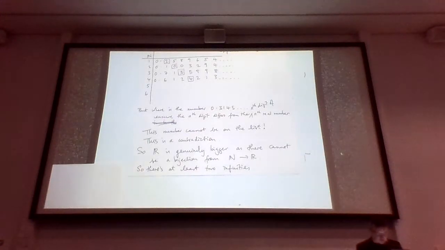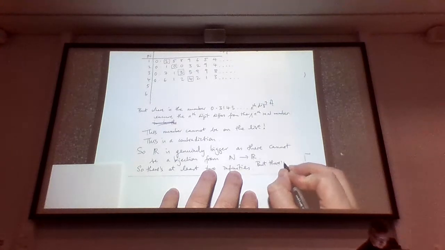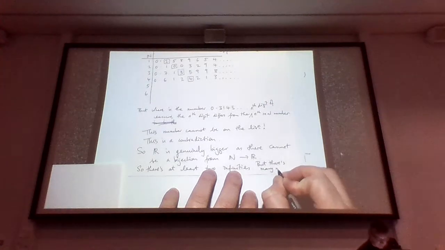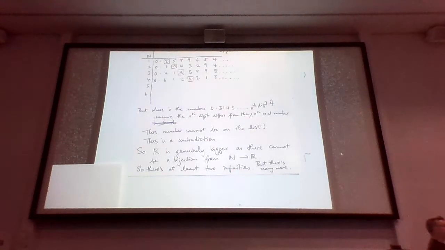But we've seen that there's at least two, but there's many more. And that's not a joke, because there's an infinite number. It's just a wonderful, ever-growing, ever more complicated hierarchy of infinities that you can imagine and construct in set theory.